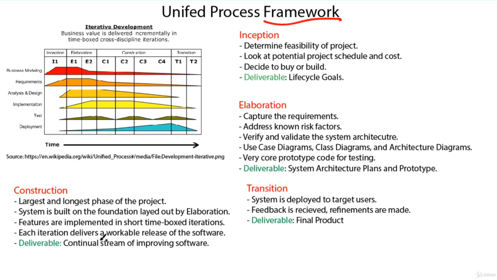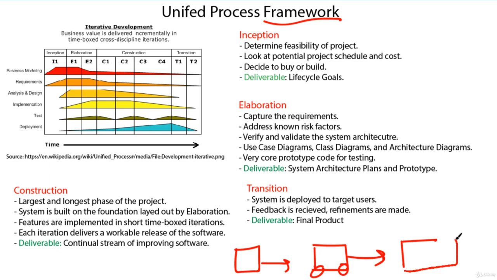Features are implemented in short time box iterations. This is important. This means that we are building out basically fully working end products without features. So it starts off with the box, and later on we add the features. Like if it's a car, we add the wheels, and later on we add the windshield, etc., etc. But what we're doing is we're starting off with a workable unit.